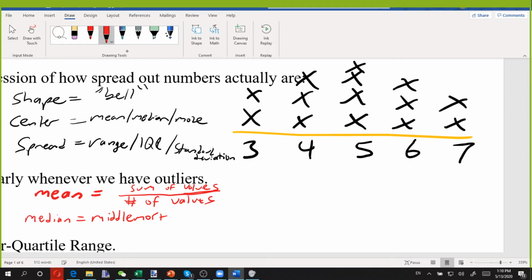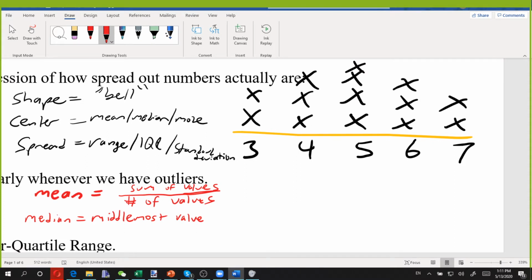How would you find it? Like separate the lower half to the upper half and then the middle term.